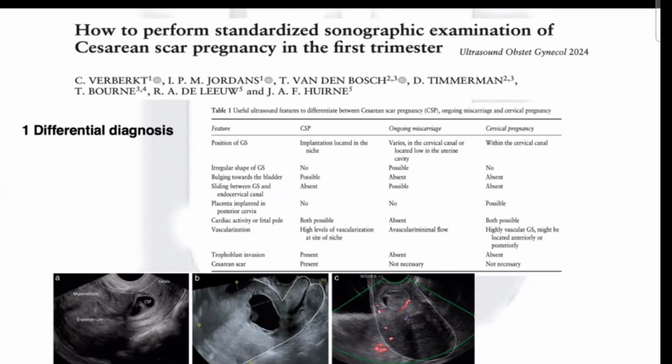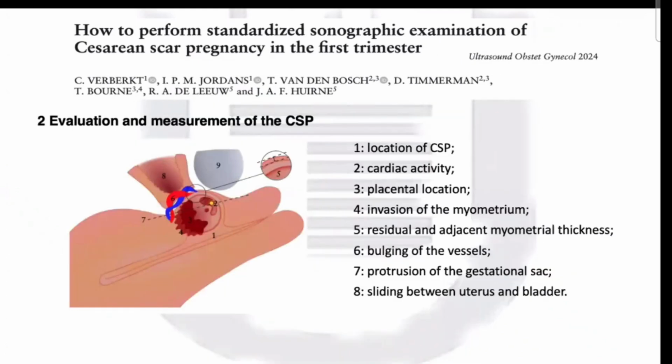So these are very important issues. Second, we have to evaluate the measurements of the pregnancies, and I showed you before: location, if there is the heartbeat, if there is the invasion inside the myometrium, the measurement of the residual myometrial thickness, the protrusion of the gestational sac, and also the sliding sign between uterus and bladder.